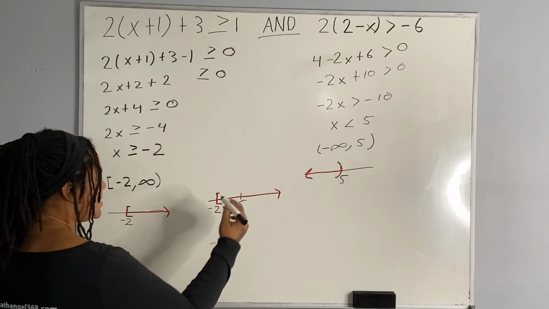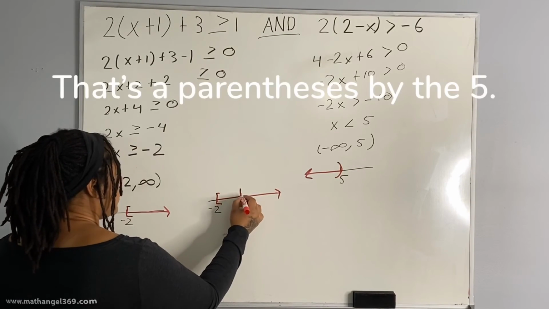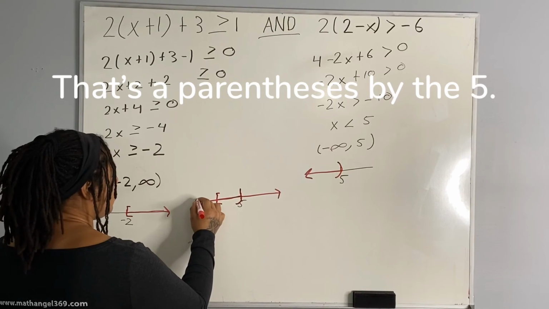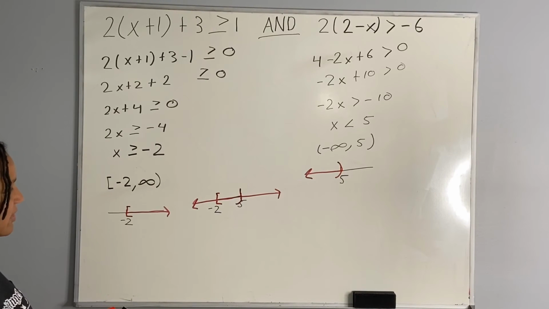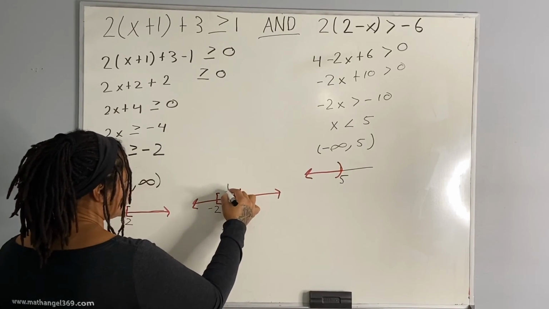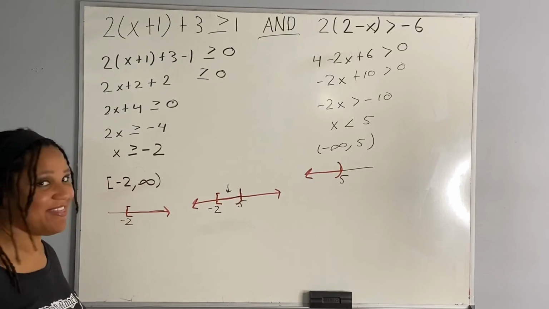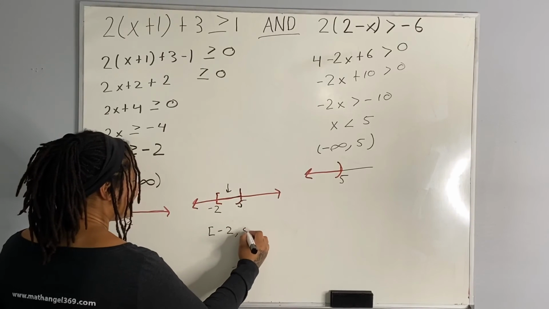And on the second graph, we started from 5, but not including the 5, all the way to negative infinity. So the interval that we have in common is going to be the section right there. So we say our solution is from negative 2 to 5.